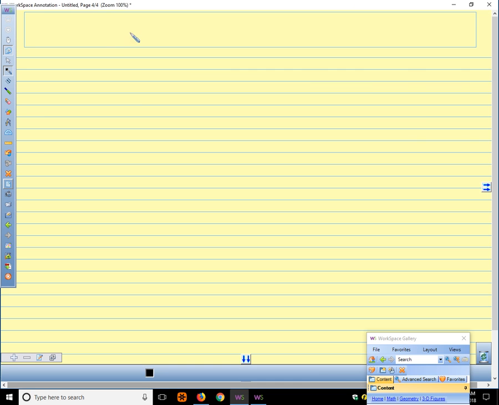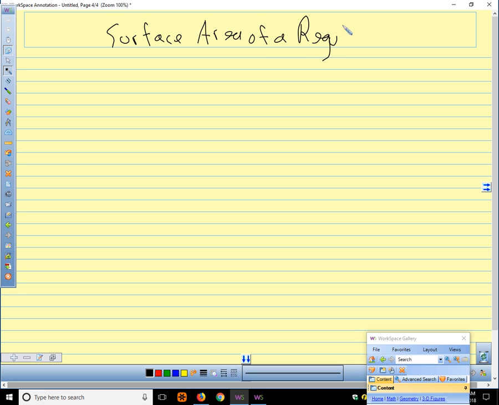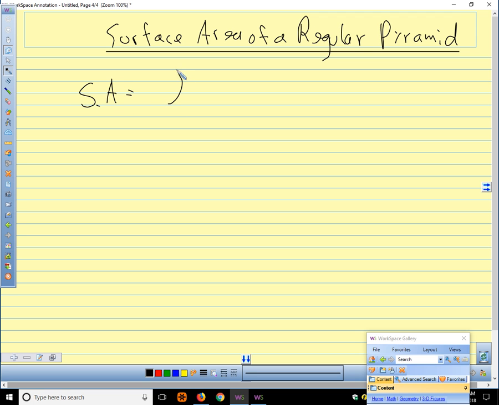So the surface area of a regular pyramid. We'll use SA again for our surface area. SA is LP divided by 2 plus B, units squared.